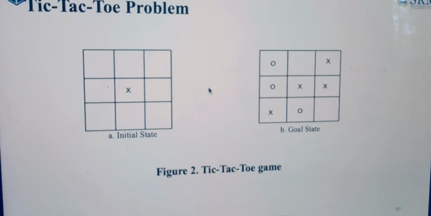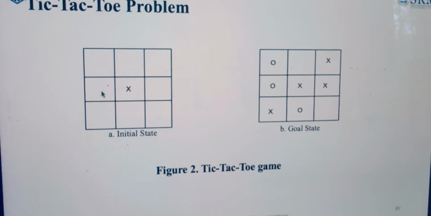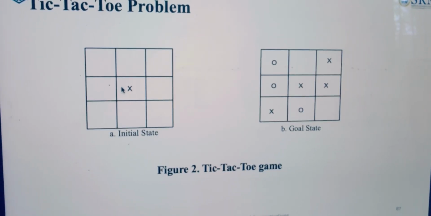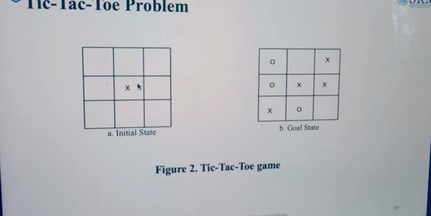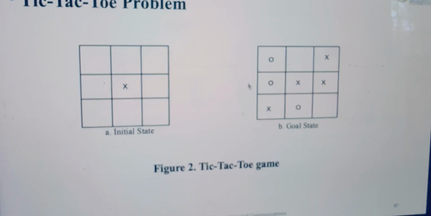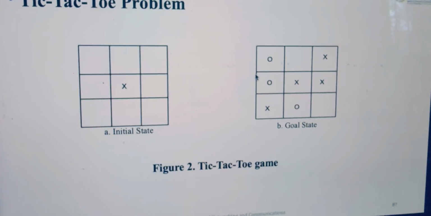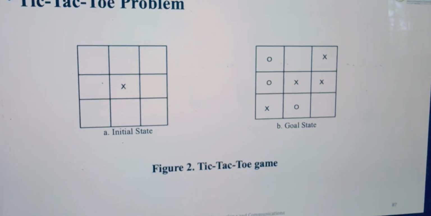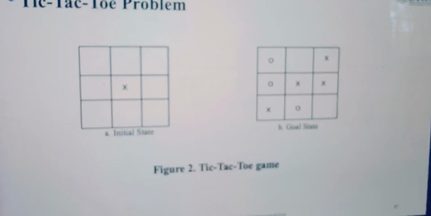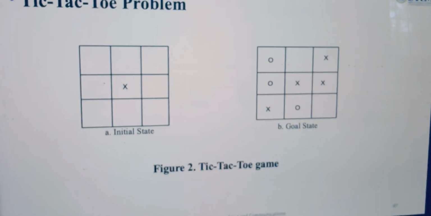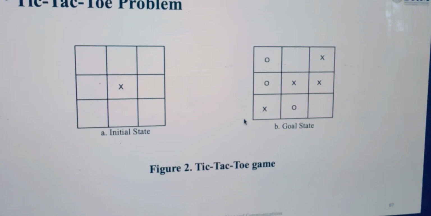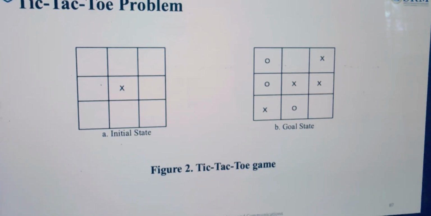Which means, after exploring all the states from this initial state, whenever you reach this state, you can stop your representation. Either they will give an initial state and a goal state, and you try to achieve the goal state.